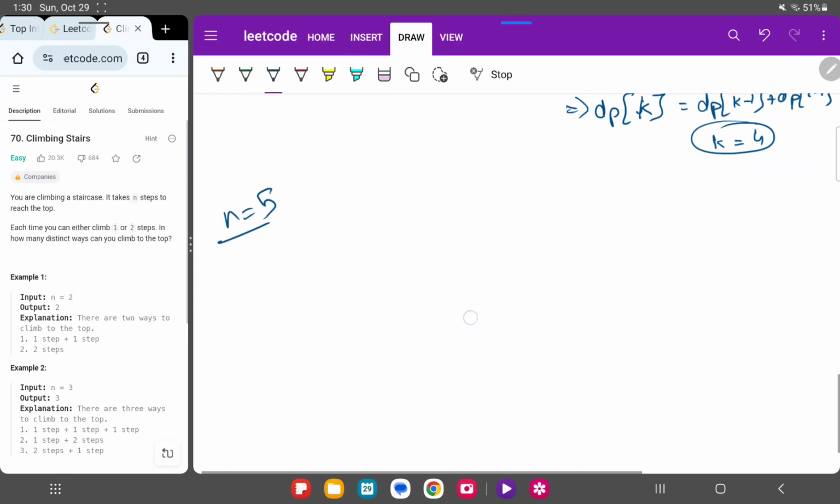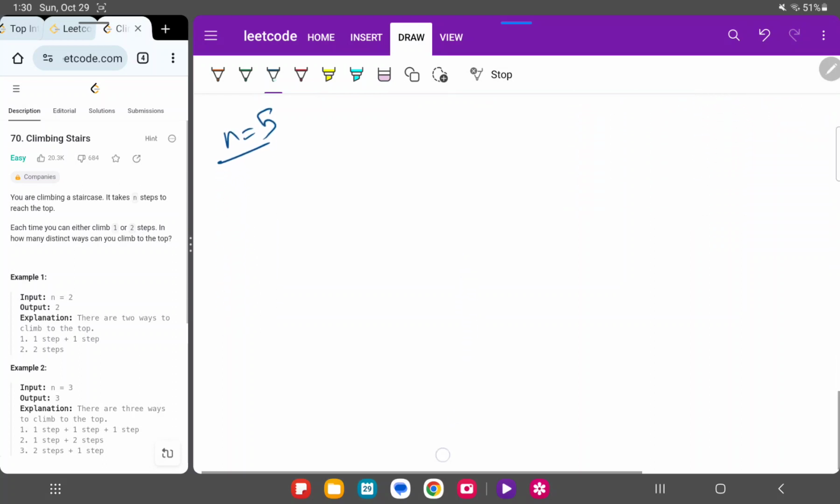For n equals 5, what are the ways to reach the 5th step?